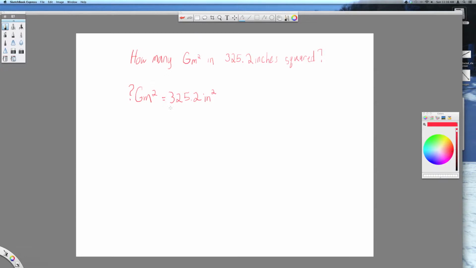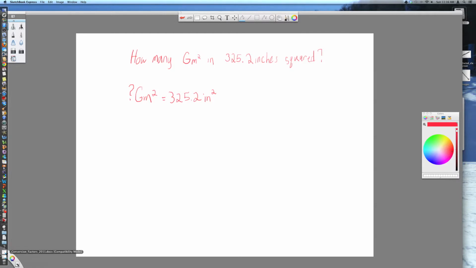All right, so if we first take a look at the problem, we see that it's metric and English. So the first thing I might want to do is determine a connection between a distance unit that's metric and a distance unit that is English.